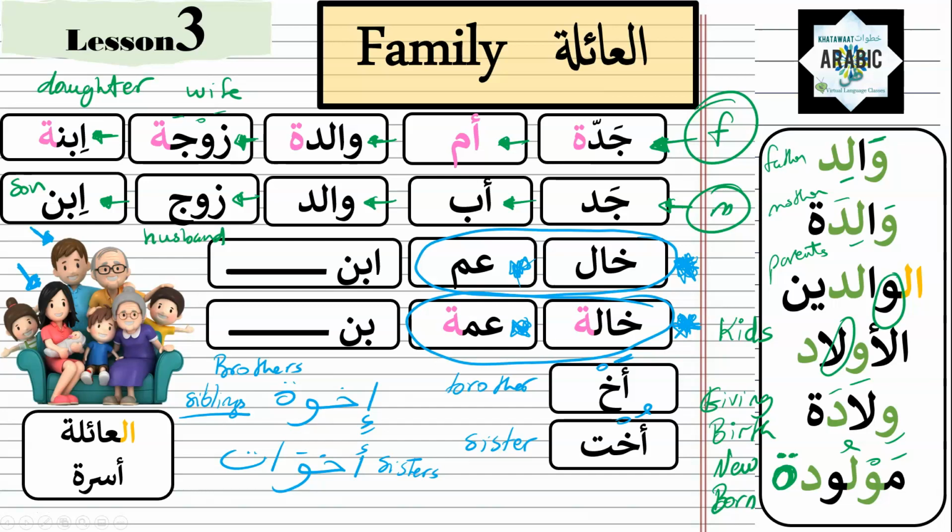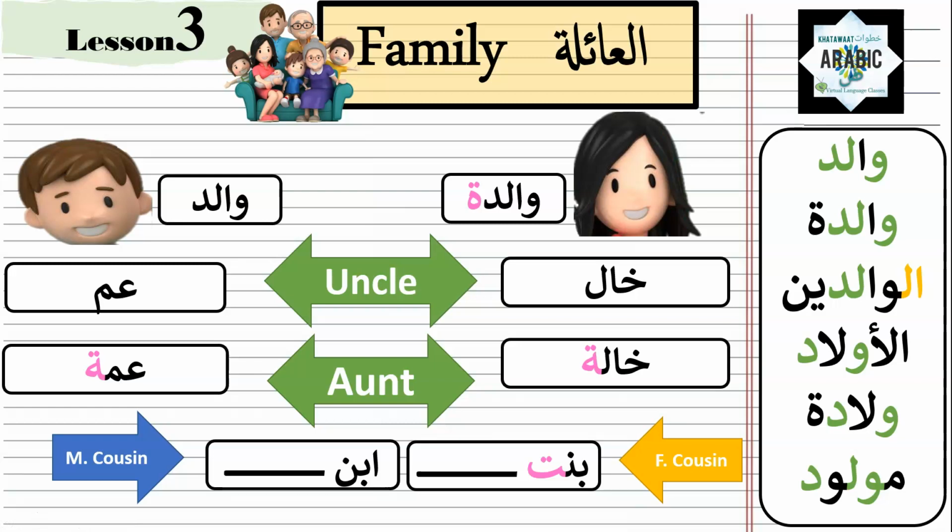The part that we need to focus on, that way we can practice it more again, is when we talk about paternal side and maternal side. When we're saying my paternal, we're referring to the father's side, and that's walid, this is his side. When we're talking about his brother, he is my uncle, so this is uncle. Am, like you could see here. And then walida would be maternal side.